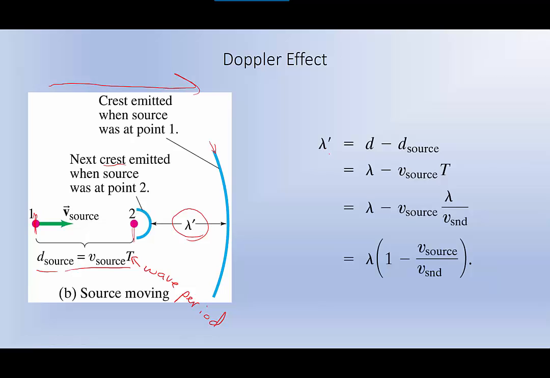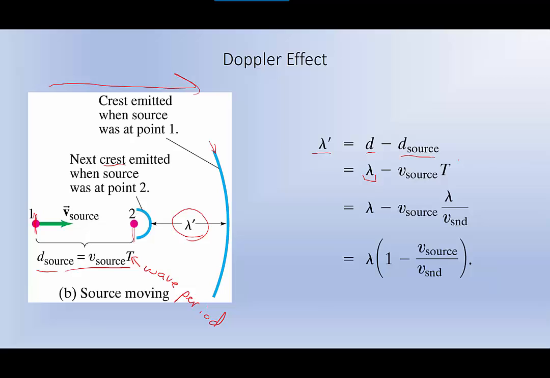The apparent wavelength, lambda prime, is the distance that the wave traveled minus the distance the source traveled. So the distance the wave traveled is just the original wavelength, lambda. The distance the source traveled, however, is v_s T, the velocity of the source times the period of the wave.